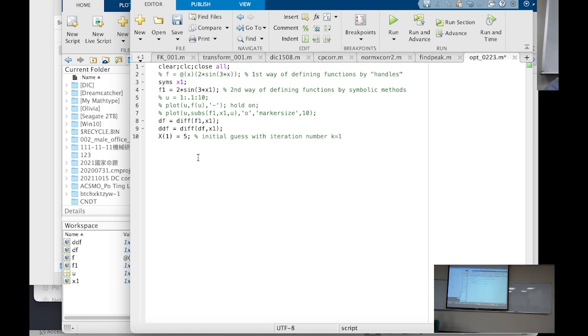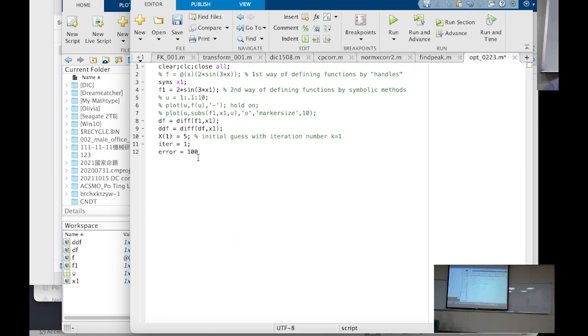In our notes, we start from 0, but in MATLAB you cannot have an index of 0. So in my code it's starting from 1. And iteration number, we can say 1. That's fine. So I'm going to assign a variable called error.